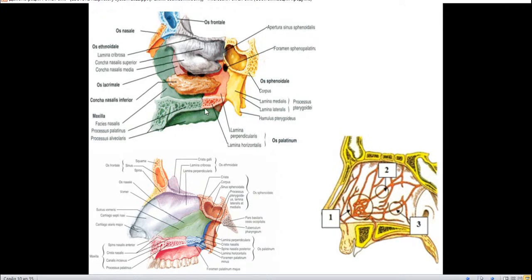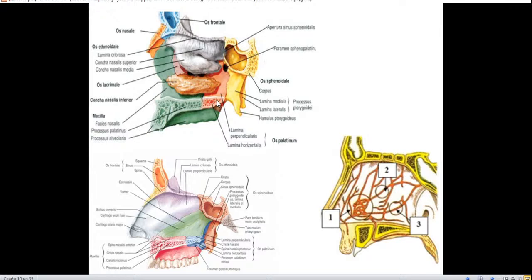Then the inferior wall of the nasal cavity is represented by the palatine process of the maxilla and the horizontal plate of the palatine bone.